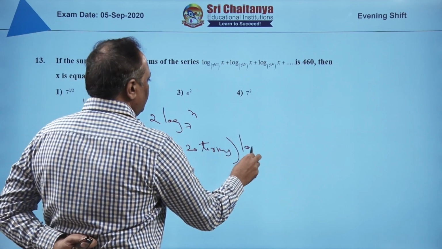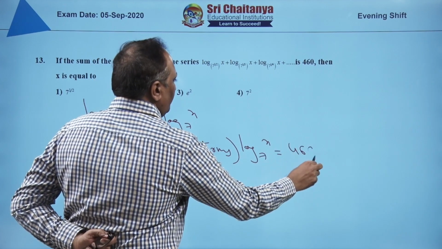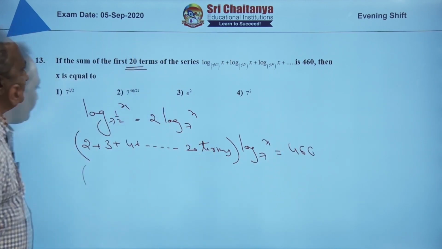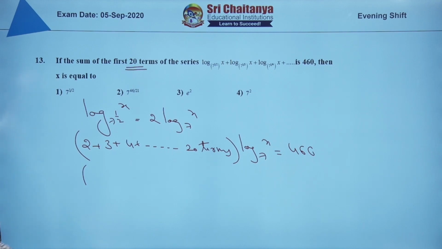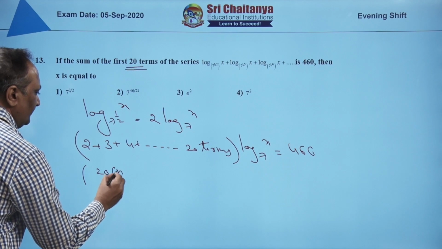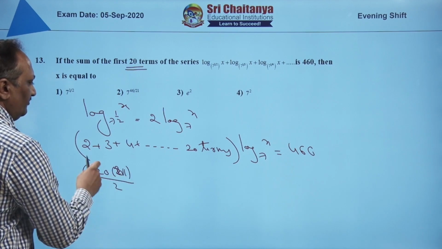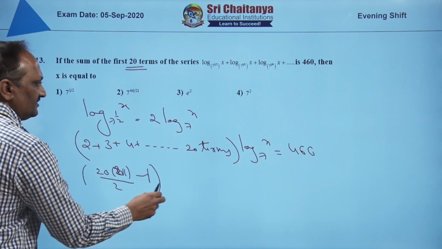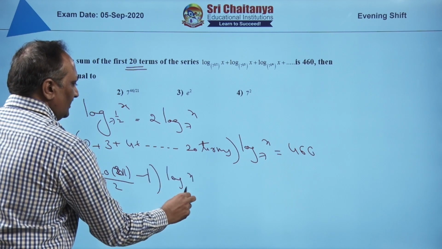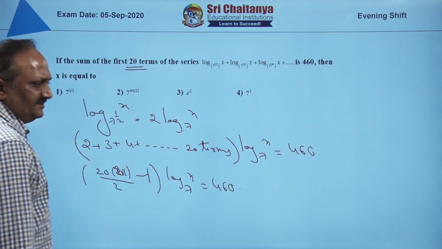into log x base 7 is nothing but 460, and these values are nothing but the sum of n terms in an AP, n into n plus 1 by 2, 20 into 21 by 2, the first term is missing so minus 1, into log x base 7 is nothing but 460.